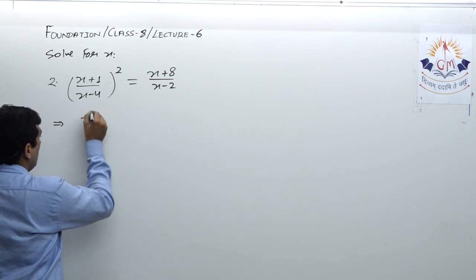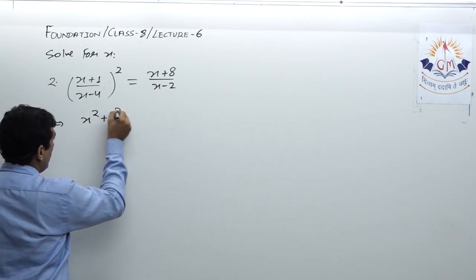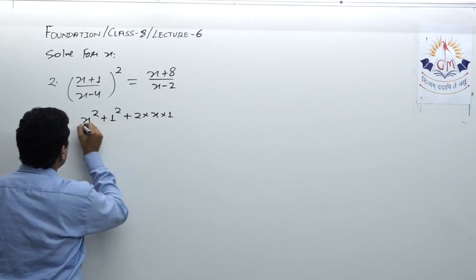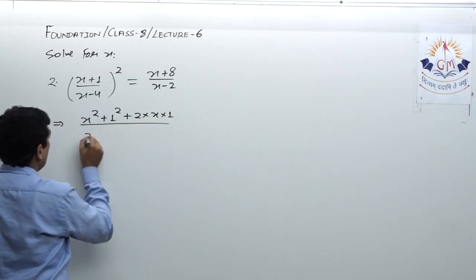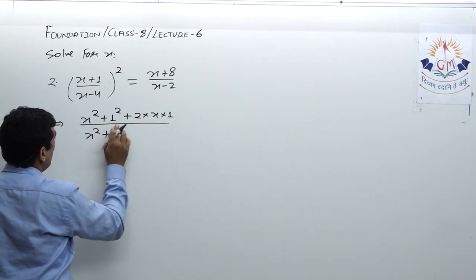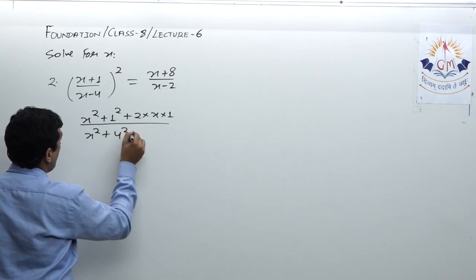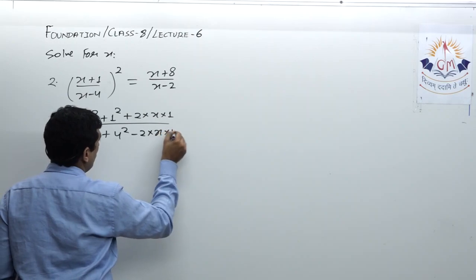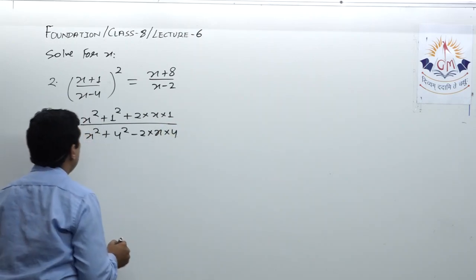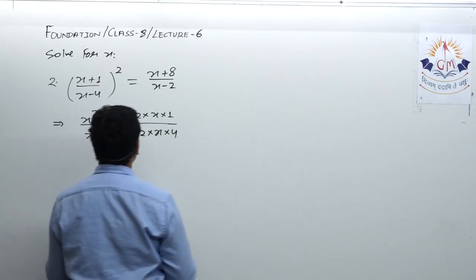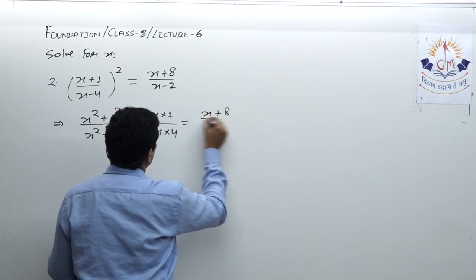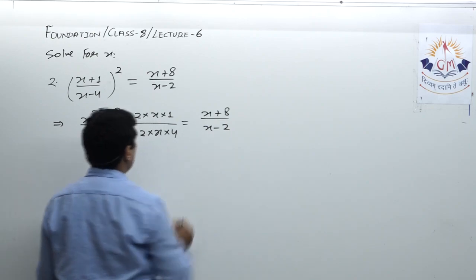So it is a square plus b square plus 2 into a into b, and in the denominator it is a square plus b square minus 2 into a into b, is equal to x plus 8 upon x minus 2.